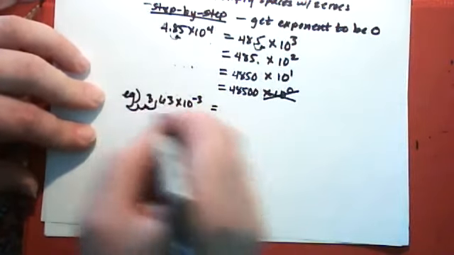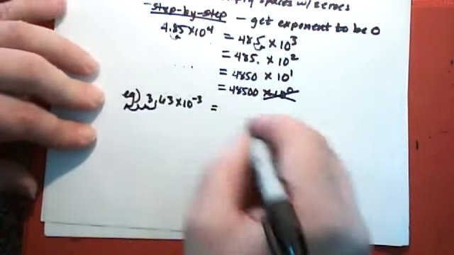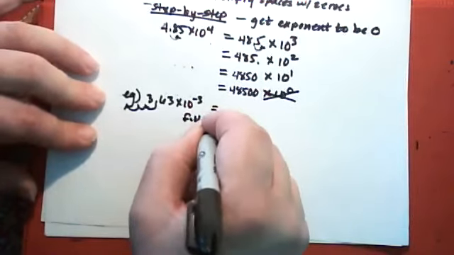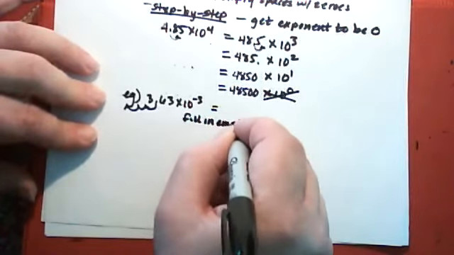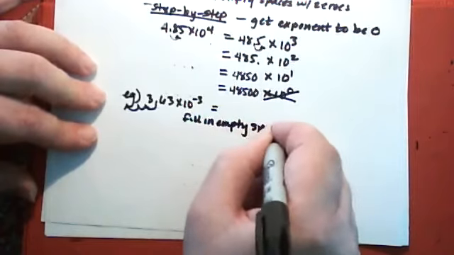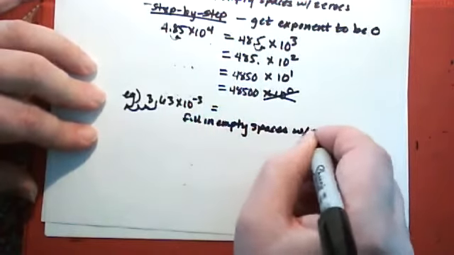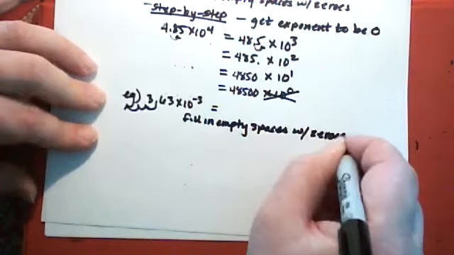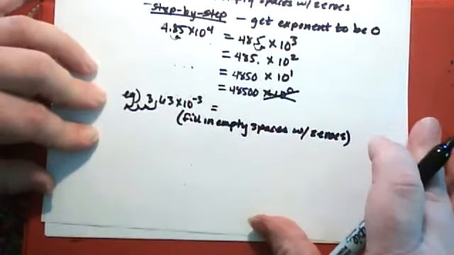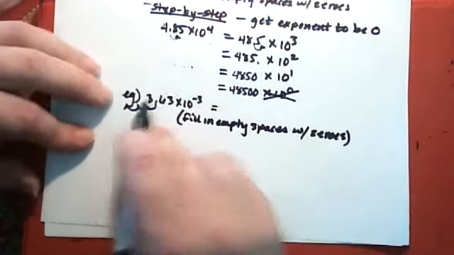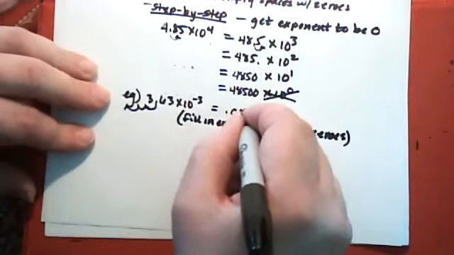So that would be 3 spaces to the left. And again, we fill in the empty spaces with zeros, and you end up with 0.00363.